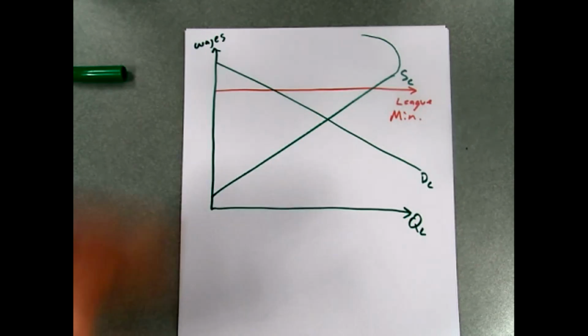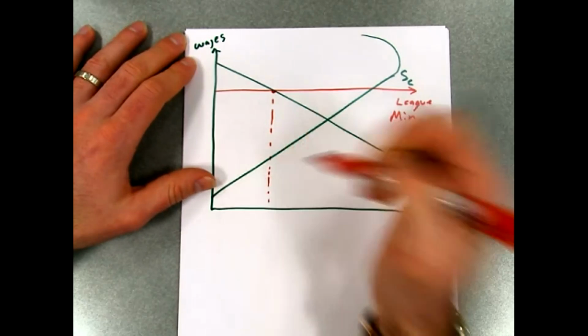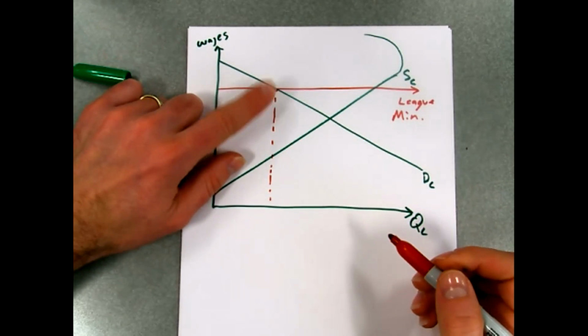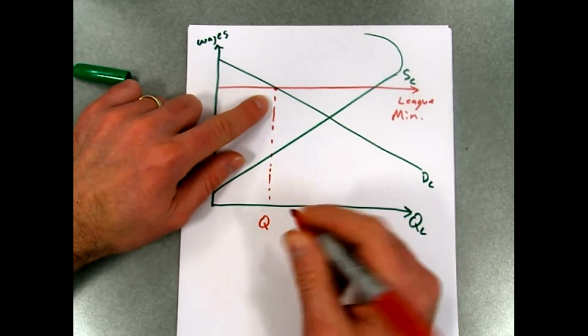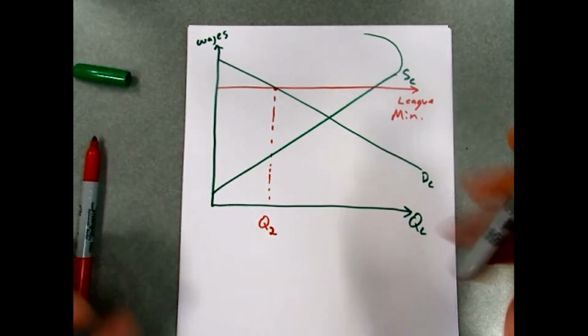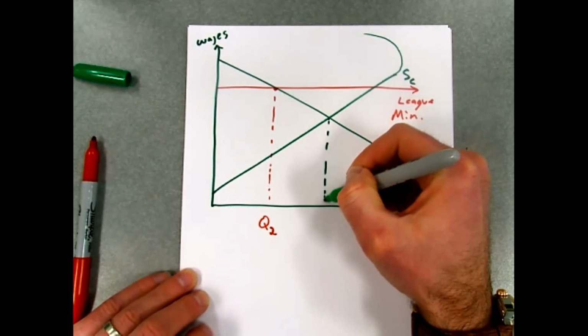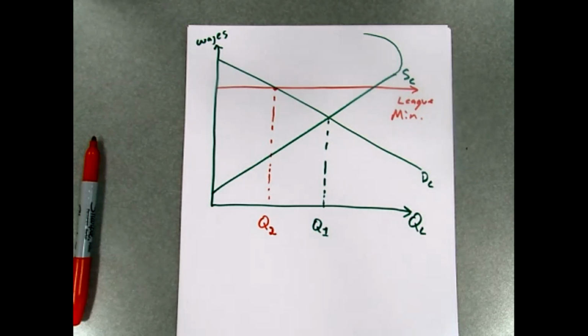So what that would do is lead to the equilibrium point being back here. We'll call this Q2. Before, we would have had a higher supply of labor without that league minimum, right?